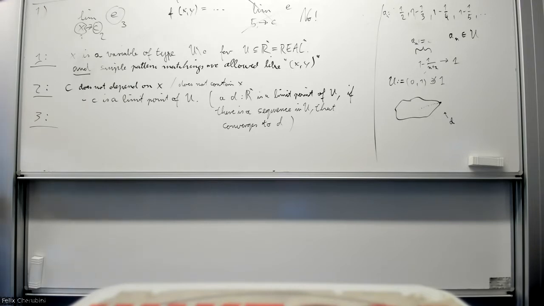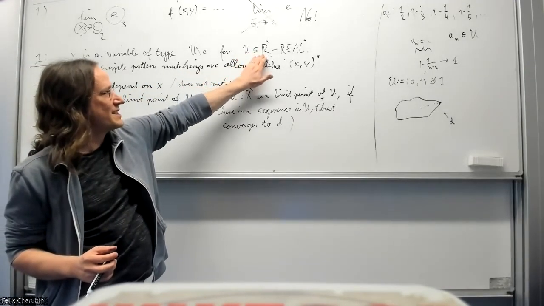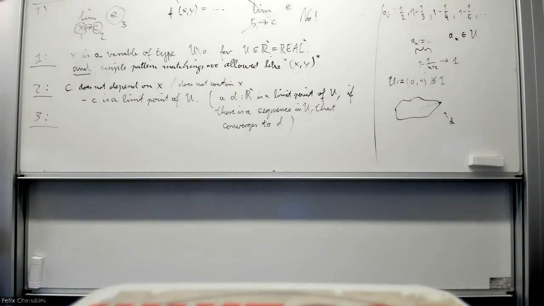A function from R to R is good. You can also be a bit more fine-grained. Here we had a domain of definition. I even said R to the n, but it doesn't have to be that general. So I would say a function from U to R, starting from the domain of definition, and otherwise a function to R.